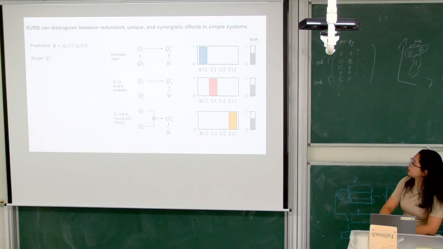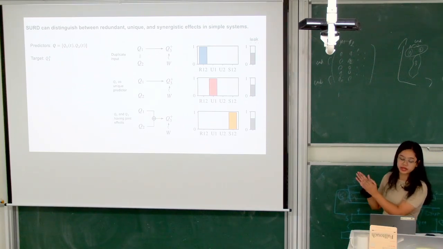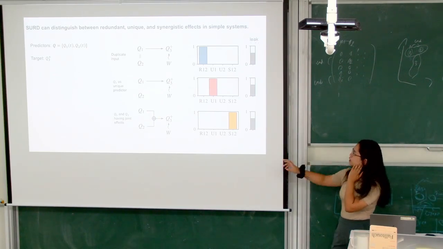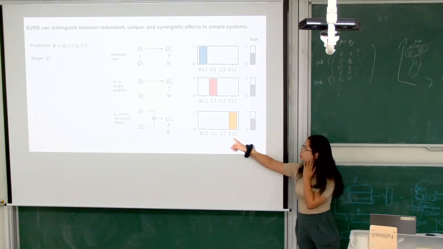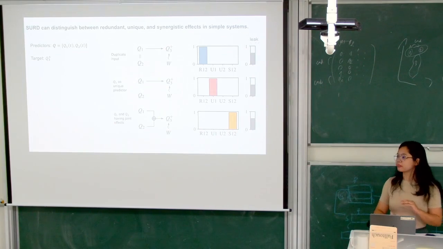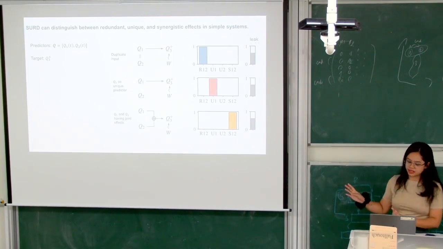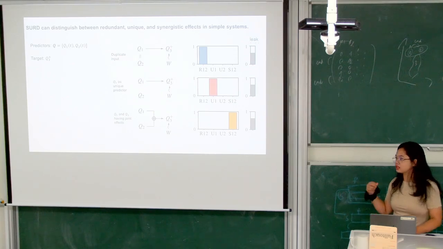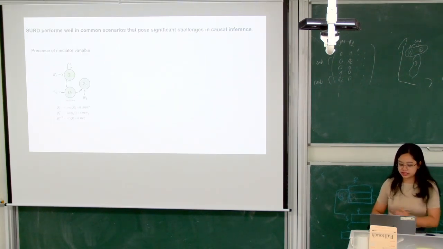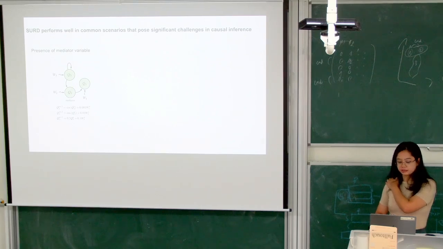And finally, there's a case where they tested it on Q1 and Q2 having full joint effect to Q3. And you can see here that there's only a score for the synergistic effect from 1 and 2. So these are the simplest cases, but earlier we saw that there are some common scenarios where causal inference methods fail, and they tested it on these examples.